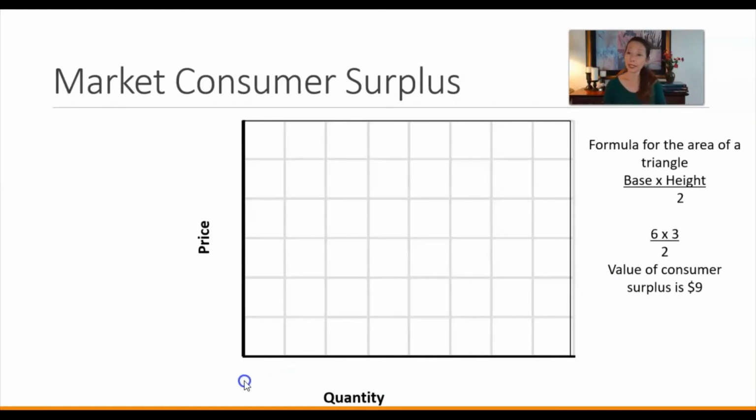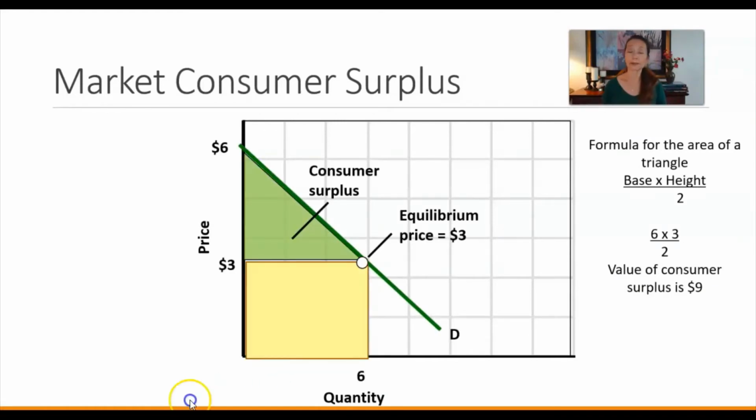Now we also have market consumer surplus. The market consumer surplus is as follows. This yellow square with our ice cream again, we have 6 units of ice cream at $3. This is how much is actually going to get paid by the buyer.